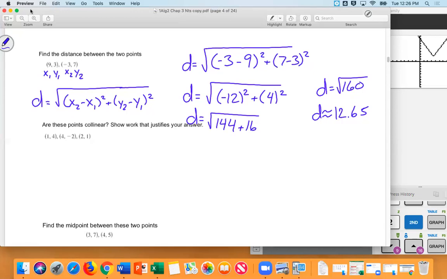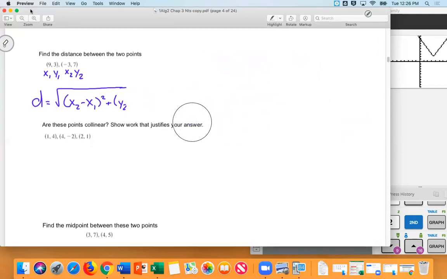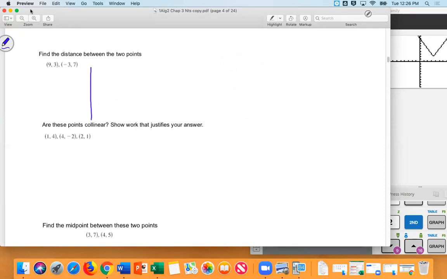Okay. And now that you all got that copied down, this is the way I kind of think about it in my head. So you don't need to copy this down, just kind of watch and listen. All right. I think to myself, I have a coordinate plane here. -3, 7 is like up here, right? And 9, 3 is like here.